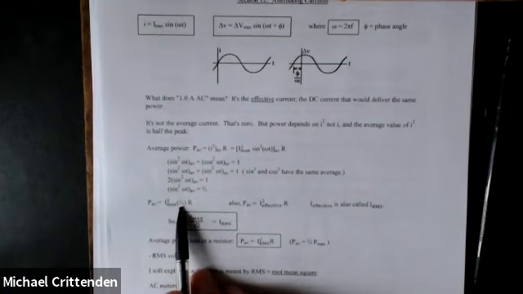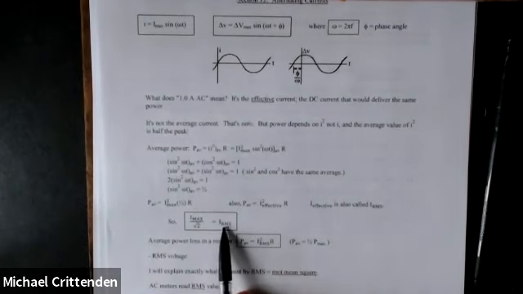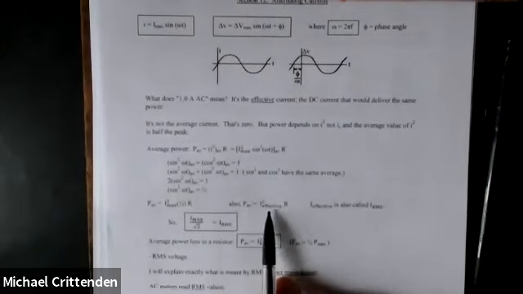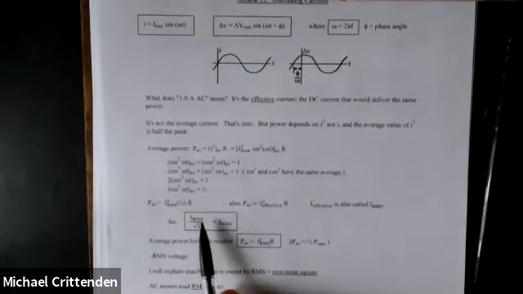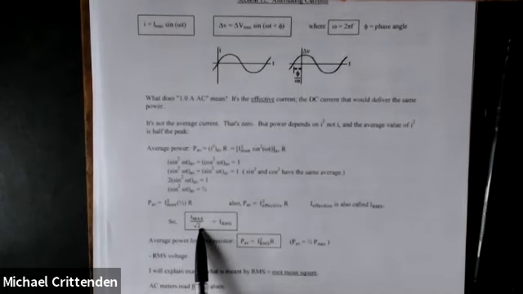But nobody wants to talk about square amps. So take the square root, and the effective current, often called the RMS current, would be equal to the peak current divided by square root of 2.